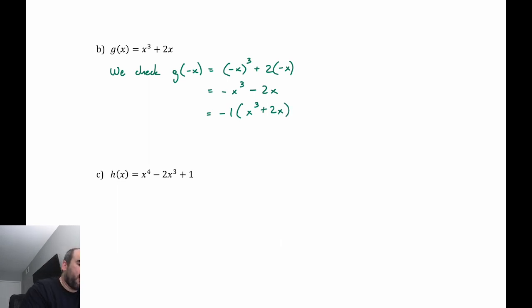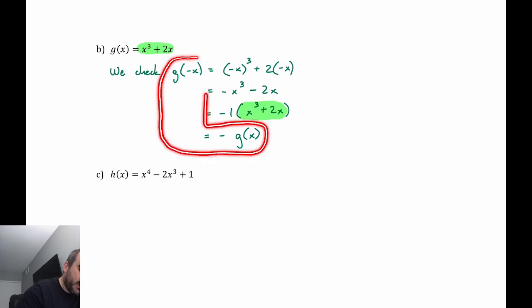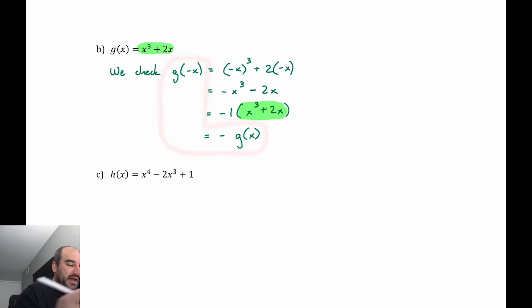If I factor a -1 from that, the thing in the parenthesis is the original function, which means we got the negative of the original function g of x. This equality, g of negative x equaling negative g of x, is the identifying factor of an odd function.